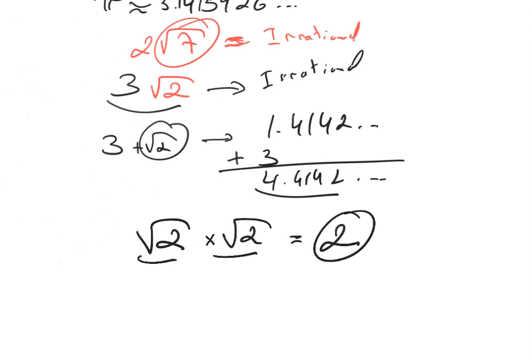So the only case is when you multiply an irrational number by itself, which is going to give me a rational number. But just keep in mind that the square root of 2, pi, or any integer that is not a perfect square is going to give me an irrational number.